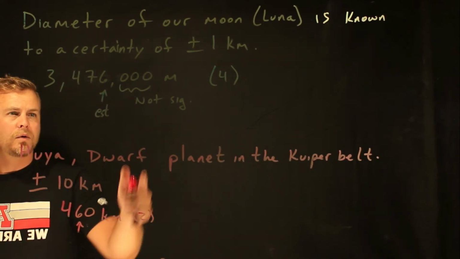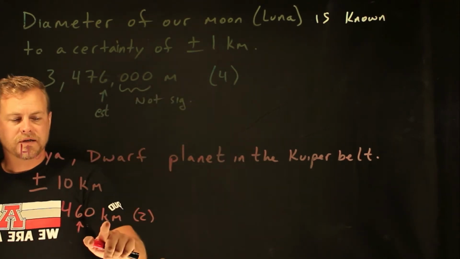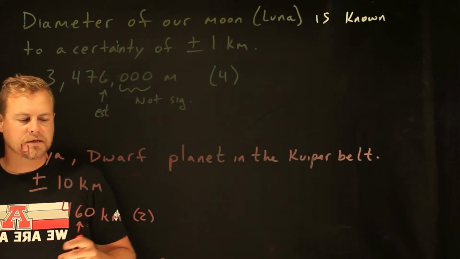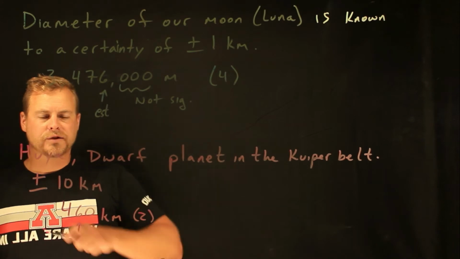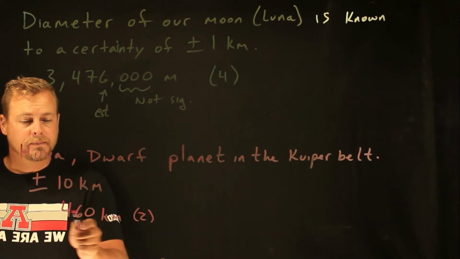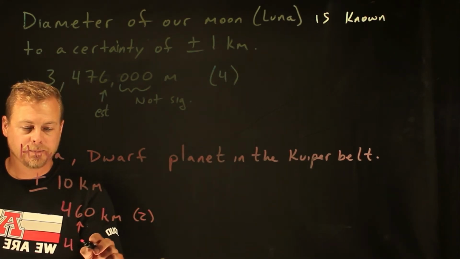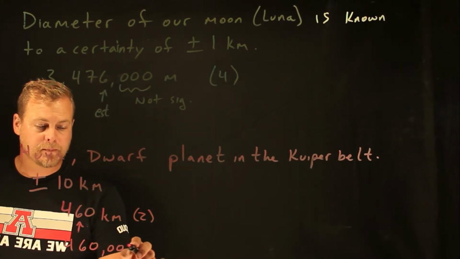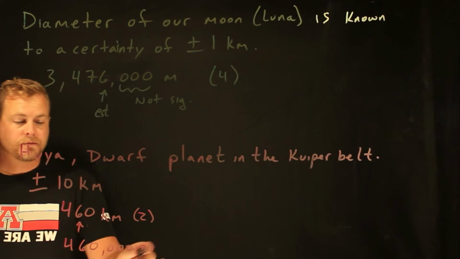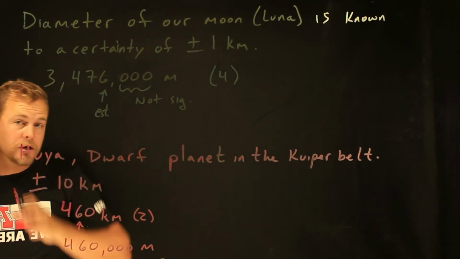Okay, now it's important to note that the units itself is not really causing the uncertainty. It's the measurement. It's the tool we're using and the circumstances in which we're measuring it. Because this 460 kilometers is 460,000 meters.